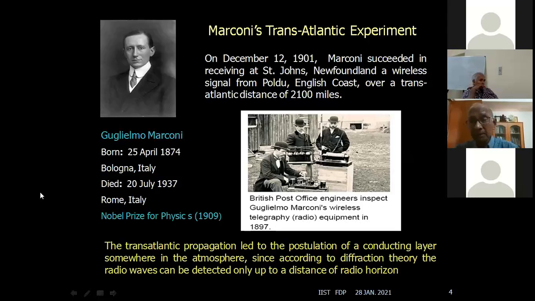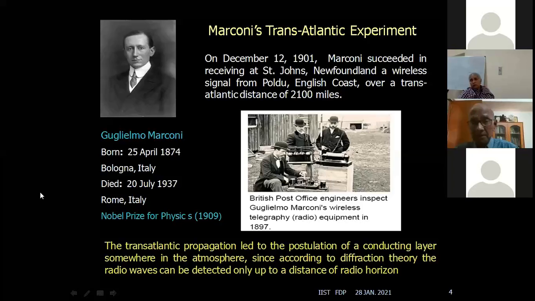So all the theoreticians and physicists believed that the wireless signals, which they called the radio telegraphic signals, can be sent without wires up to the horizon, that is about 50 to 100 kilometers or so, and not beyond that.